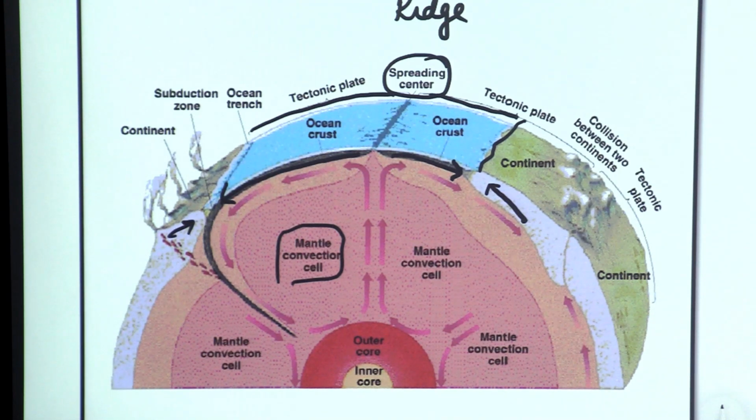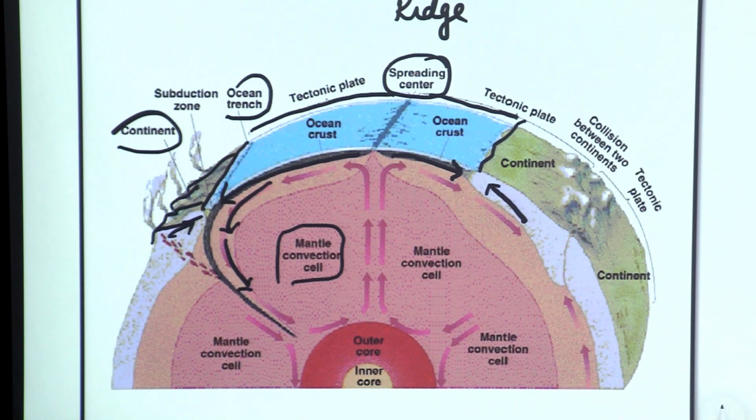If I concentrate on this convergence right here, this is my continental crust. So this convergence will result in subduction, I hope you are recalling. This will create trench and active volcanic location in the continental crust. So there is subduction here. Subduction will create trench.